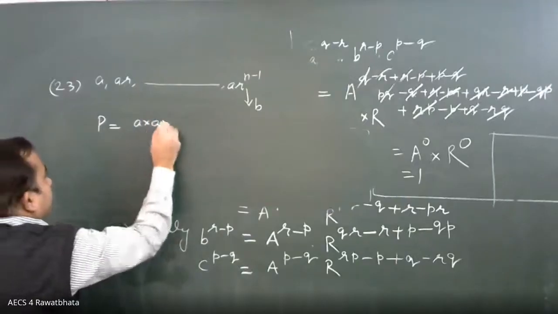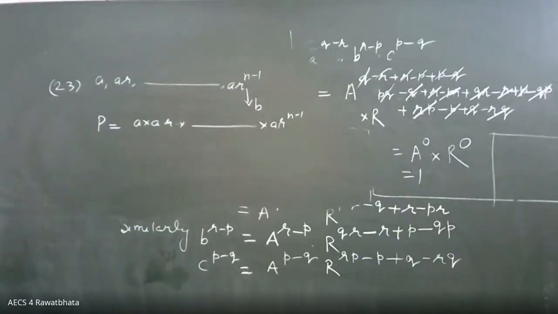If the first and the nth term of a GP are A and B respectively, and if P is the product of n terms, prove that P square equals AB to the power n.